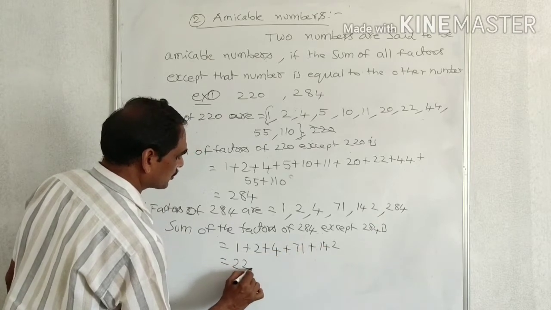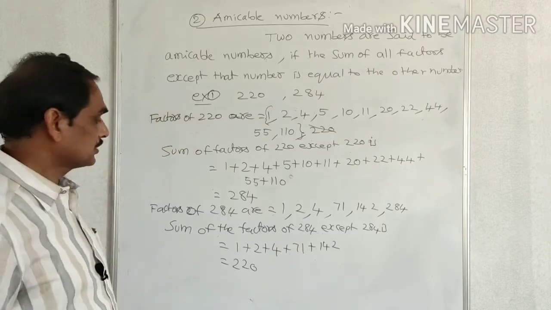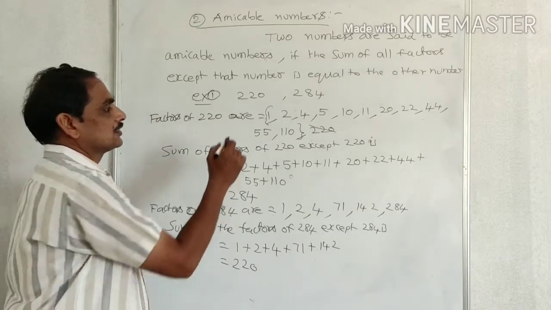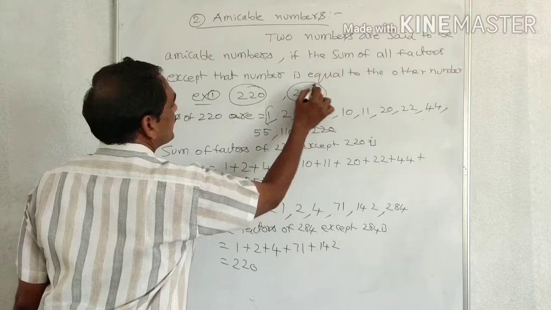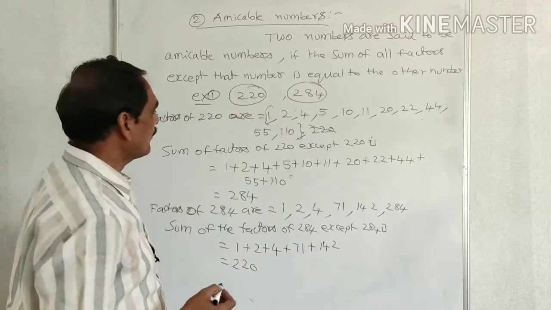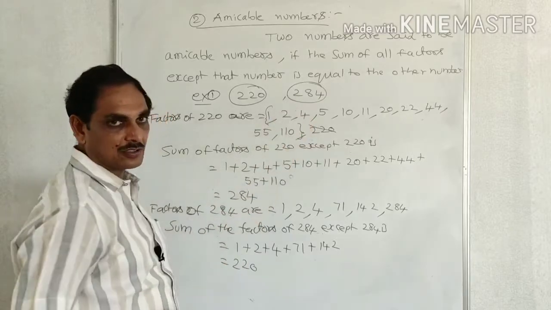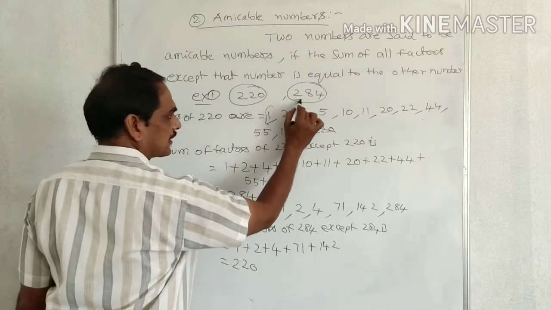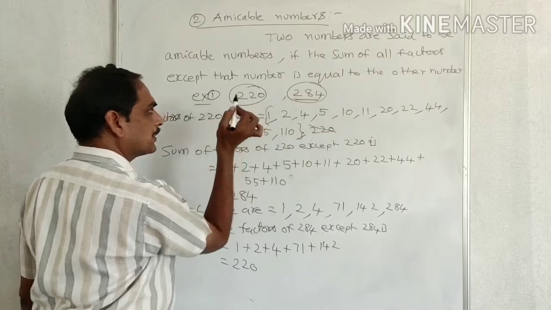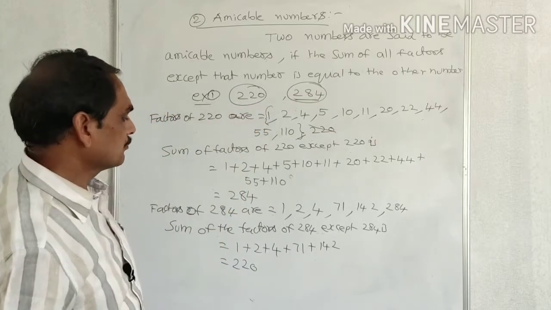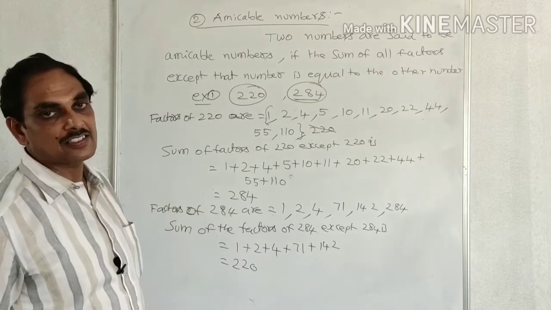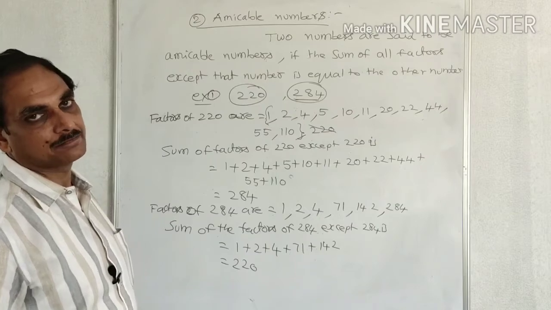This is equal to 220. So this means if we take two numbers, the sum of the factors of 220 except that number is equal to 284, and the sum of the factors of 284 except that number is equal to 220, then we say that the two numbers are amicable numbers.